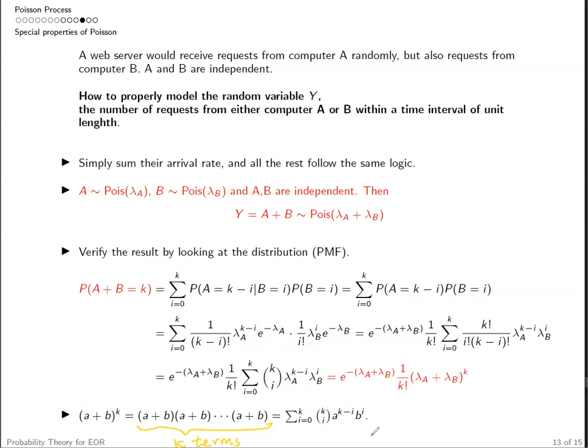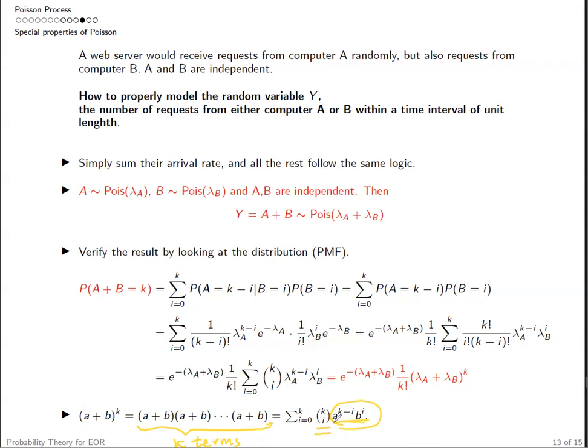And if we expand the outcomes, we know each of them will have this format, with a to the power k minus i and b to the power i, with i from 0 to k. But how many of these terms do we have?